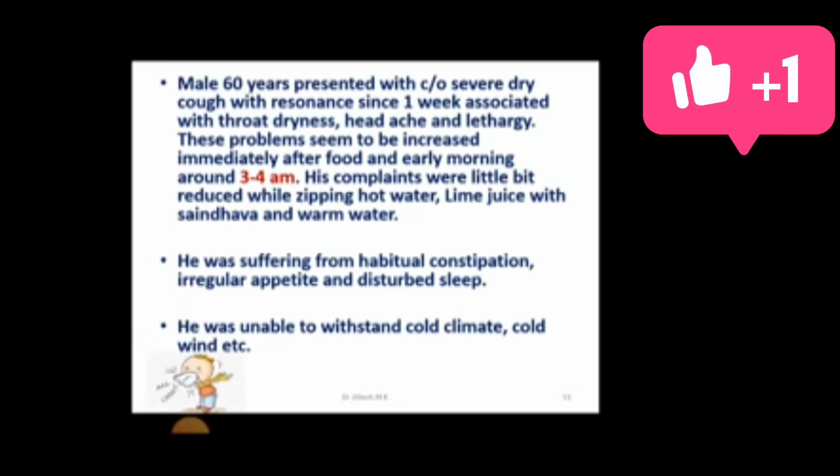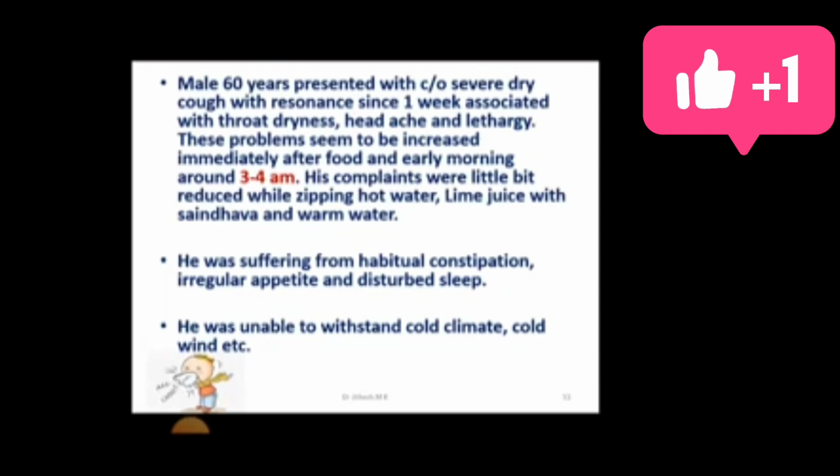But if we ask the patient, do you get any disturbance during your sleep? Are you getting disturbed due to cough during sleep? Definitely the patient will say yes, I am having difficulties.